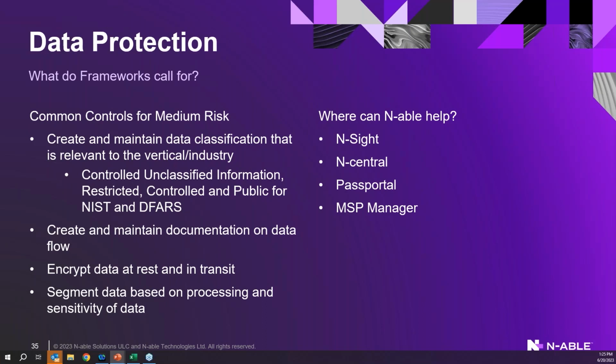It needs to be classified as controlled unclassified information, restricted, controlled, public, non-disclosed financial, federal contract information. All of that needs to be classified and marked as such so that you can apply proper data handling procedures to it.